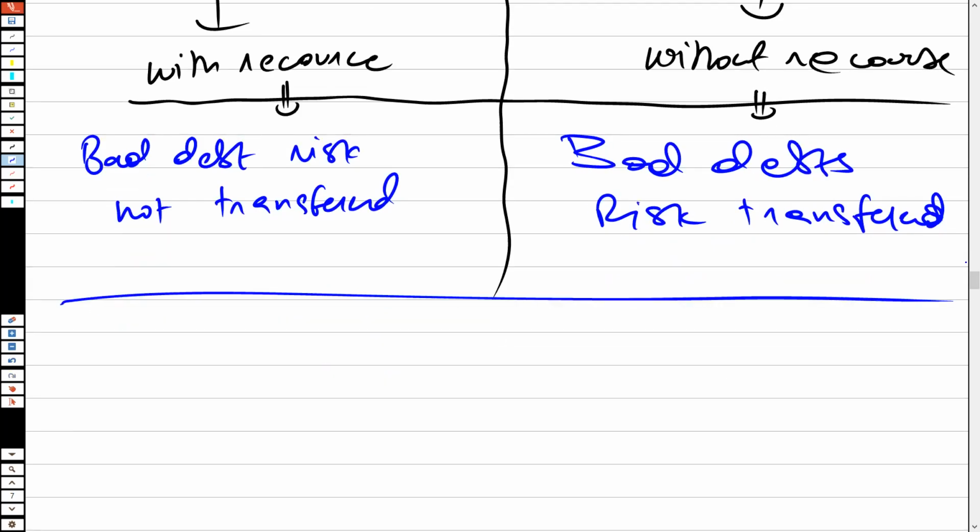Now let me take you through what happens with the with recourse and the without recourse factoring. All you need to do is compare the factoring offer.